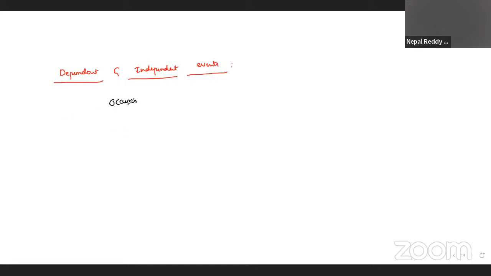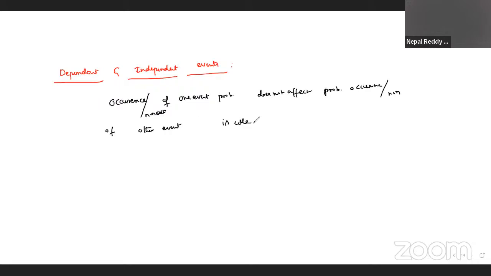Occurrence or non-occurrence of one event, that does not affect the probability of occurrence or non-occurrence of the other event, is called independent events.